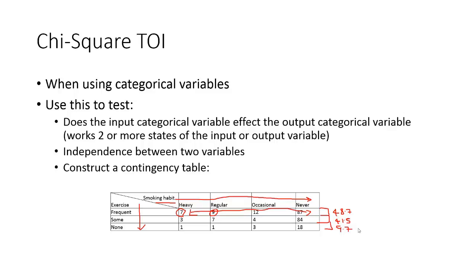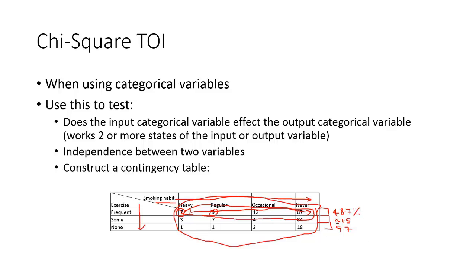But the idea is the following: you get percentages based off the sum of each row. So you do 7 plus 9 plus 12 plus 87, and you divide that by the total sum of all values, and that's how you get the 48.7%.